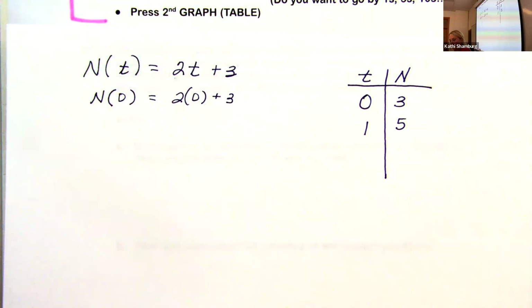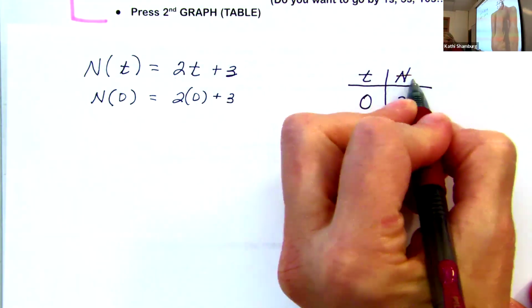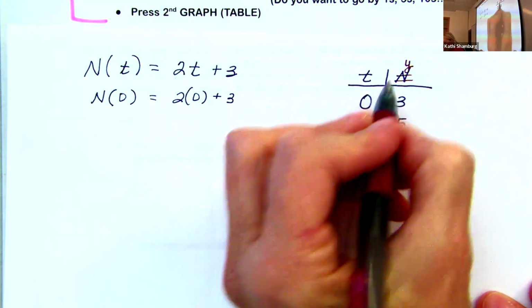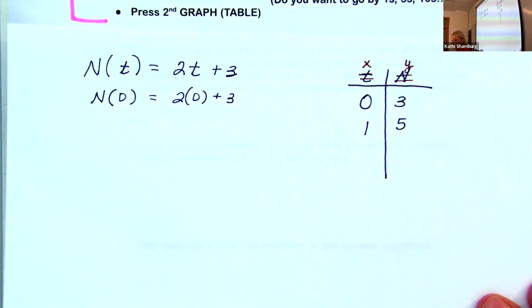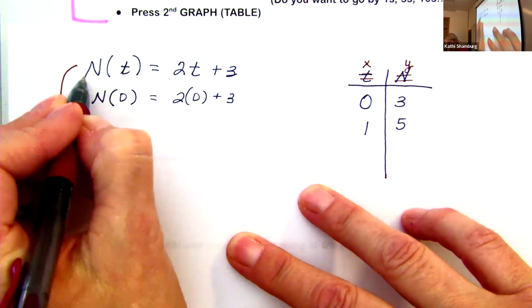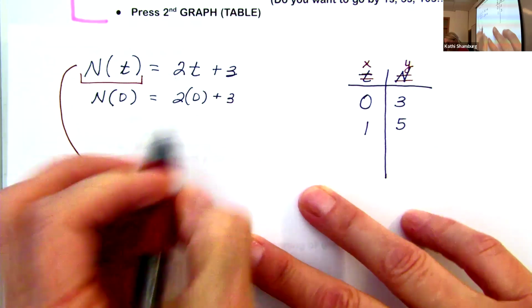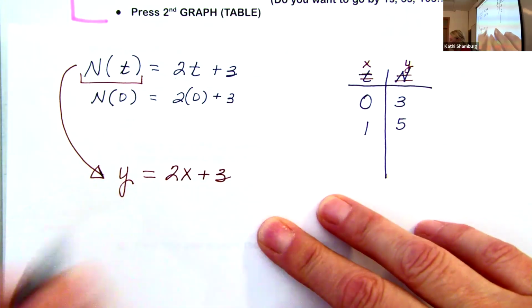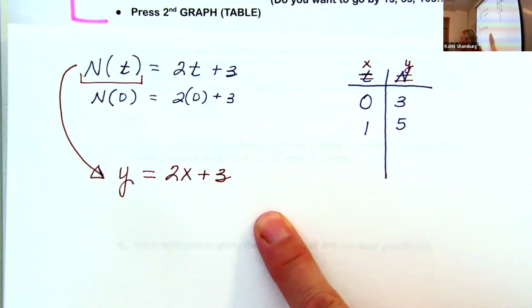So when we put it in the calculator, your function is always y, and your variable is always x. This is my function, so that's going to be my y. My variable t is going to be x.